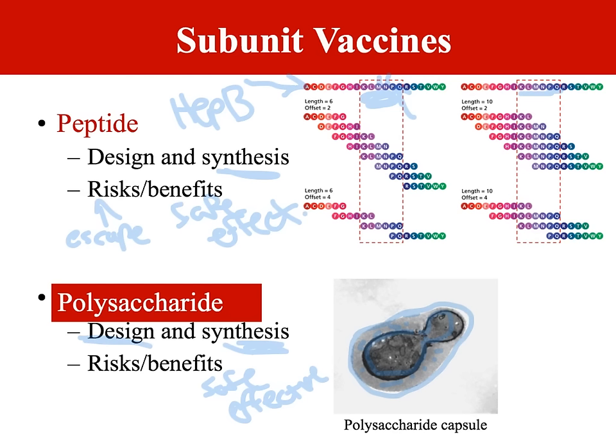So, when you generate a vaccine against capsular polysaccharides, they are effective. However, some of these agents are extremely good at escaping these vaccines.